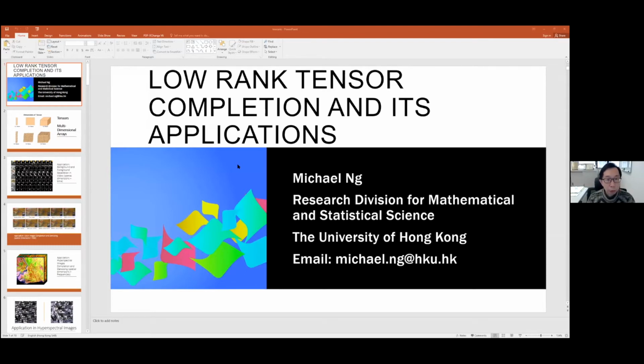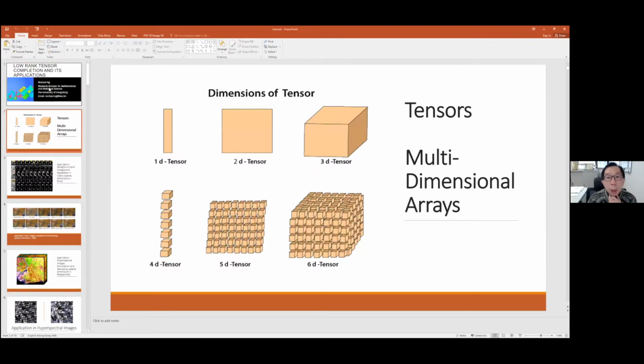It's nice to share some of my results related to low-rank tensor completion. Okay, let's start. I think in the previous talk, roughly introduced what a tensor is, but here we try to visualize multi-dimensional arrays of tensors, like one-dimensional, two-dimensional.